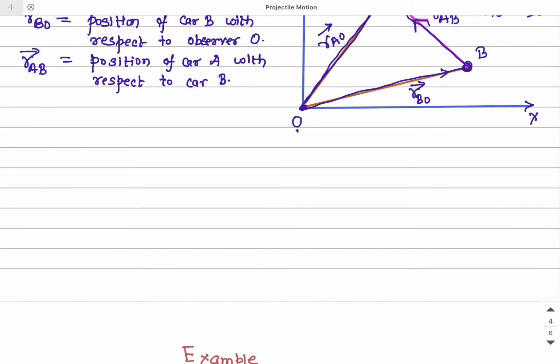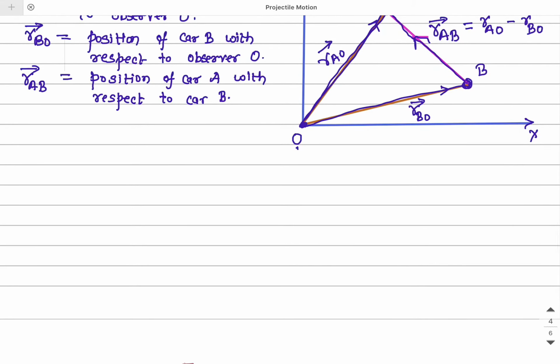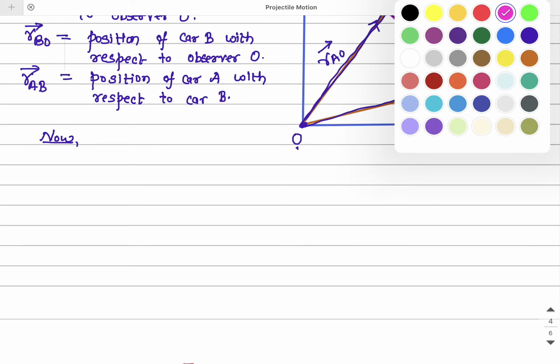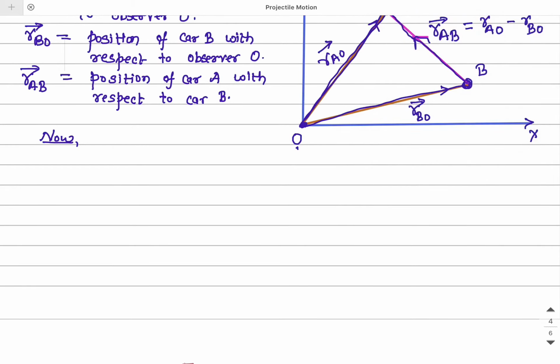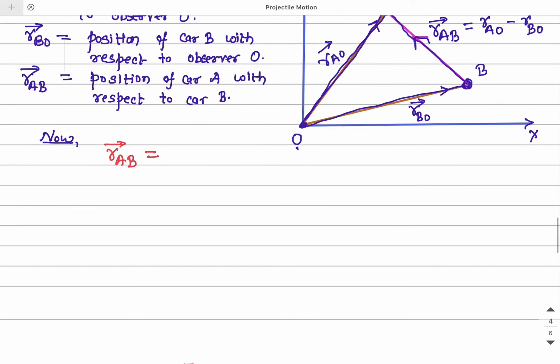Now I'm calculating the RAB vector. Again, as I said, if you want to write down this vector, first start with the RA vector minus the RB vector in the same order.